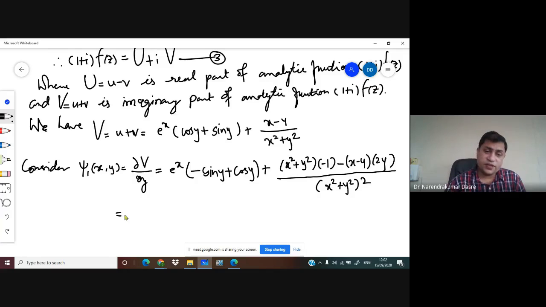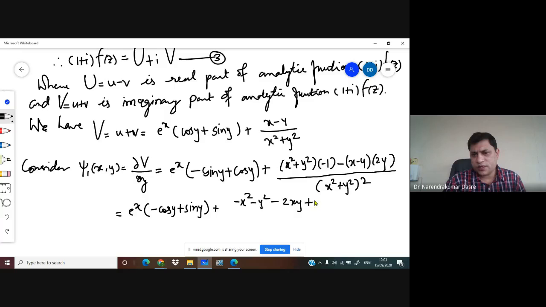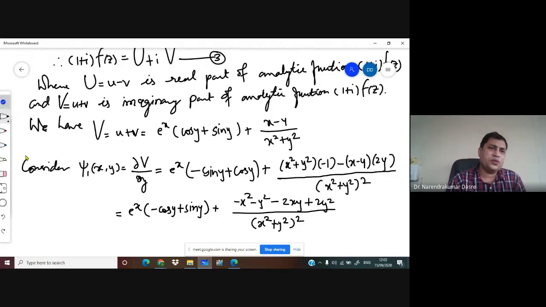Okay, so we have to simplify this. So we'll have e raised to x (minus cos y plus sin y) plus, here we have to simplify, minus x square minus y square, this term here you have minus 2xy, minus minus plus, we'll be having 2y square upon (x square plus y square) whole square.